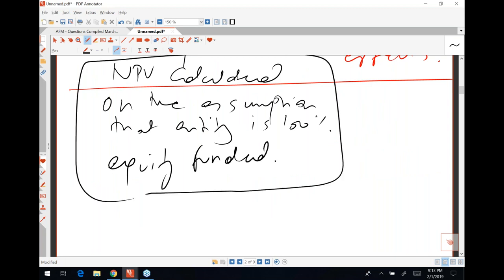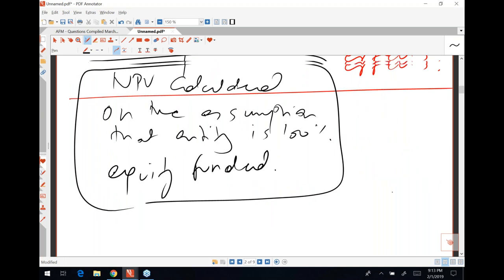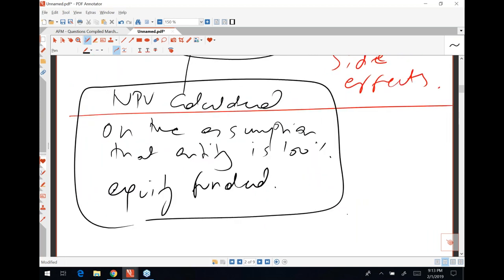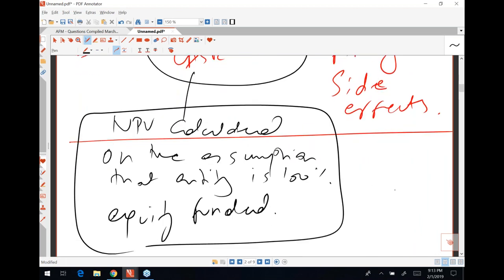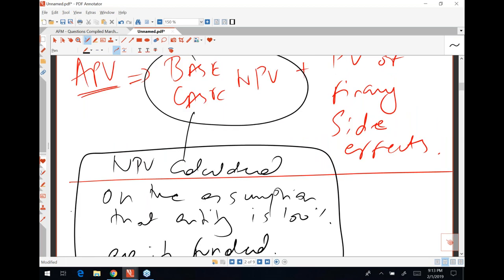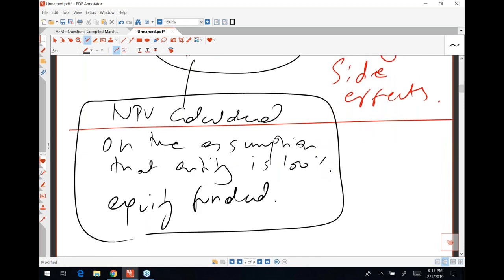When we talk about the calculation of the APV, we assume the APV means base case NPV, which is the NPV calculated on the assumption that the entity is 100% equity funded.